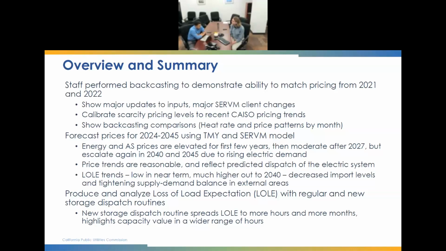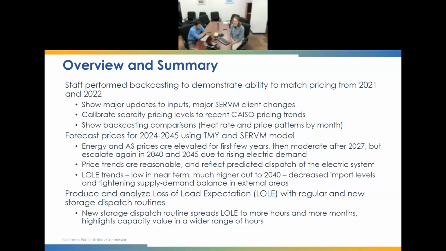Then we move on to the forecasting part. In the forecasting part, we forecast the price from 2024 to 2045 using the CMY, the typical meteorological year, using Servm again.